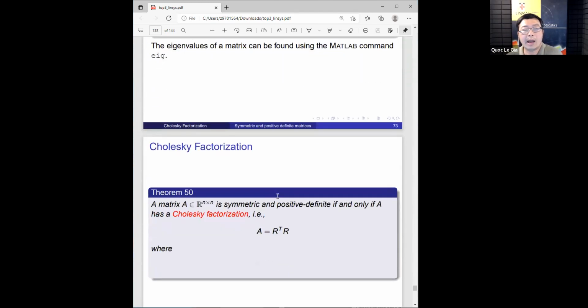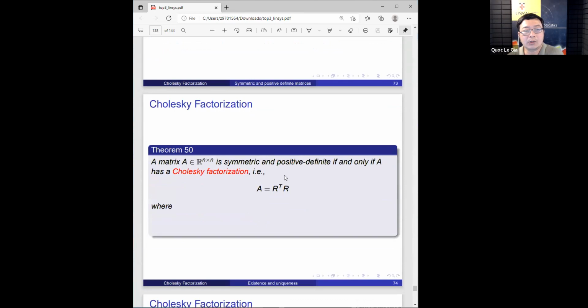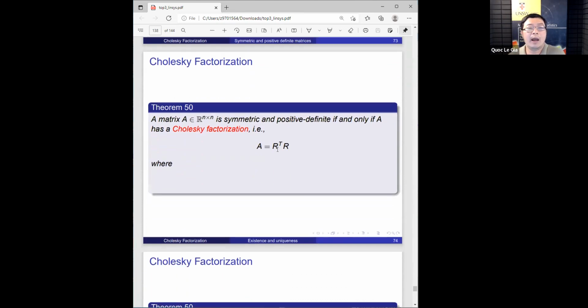Now we come to the main part: Cholesky factorization. If you have a matrix A that is symmetric and positive definite, then it has a Cholesky factorization. Cholesky is the man who first came up with the idea.